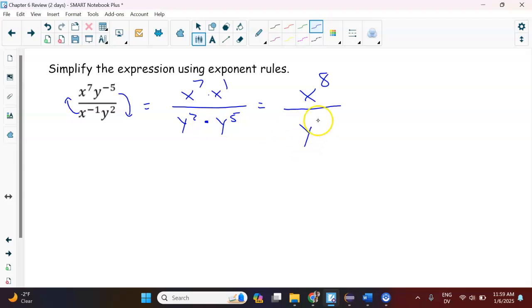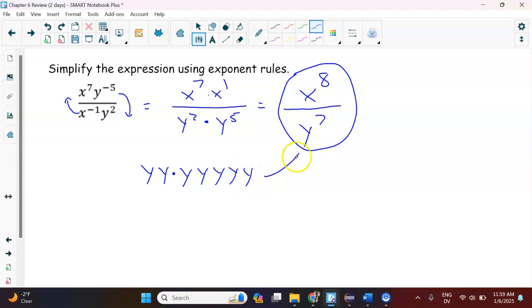Let's add them down here, and we have 7 total y's there. Okay, and again, if you can't remember that you're supposed to add there, my hint would just be to think of it as y squared is that, y to the 5th is that. So all total, that's 7 y's. Right? The rule is add, but if you can't remember it, try expanding it out.